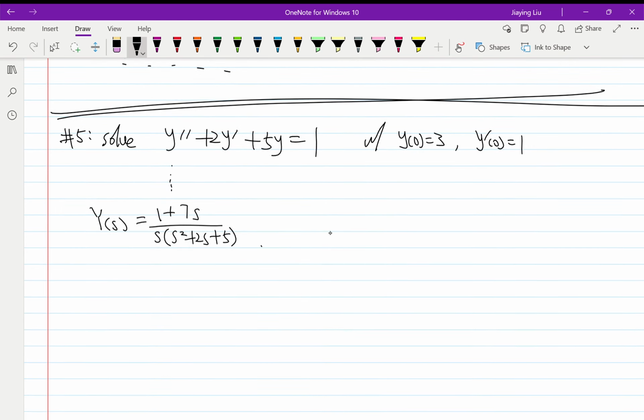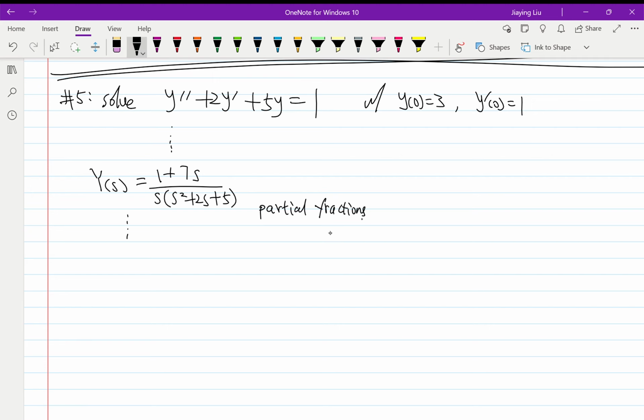So if we use partial fractions from here, at some point we're going to end up with 1 over 5 divided by S. You can move the 1 over 5 in front of the fraction, plus negative 1 over 5 S plus 33 over 5, divided by S squared plus 2S plus 5.